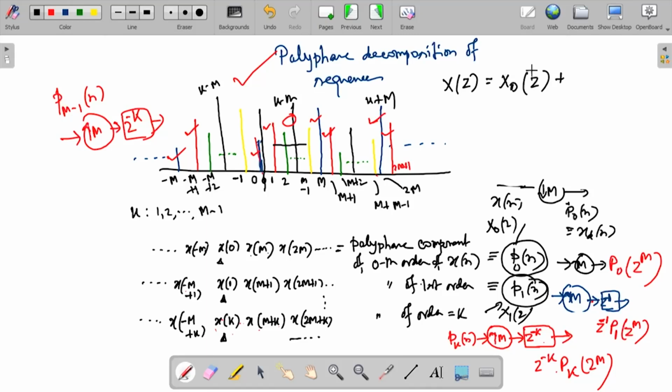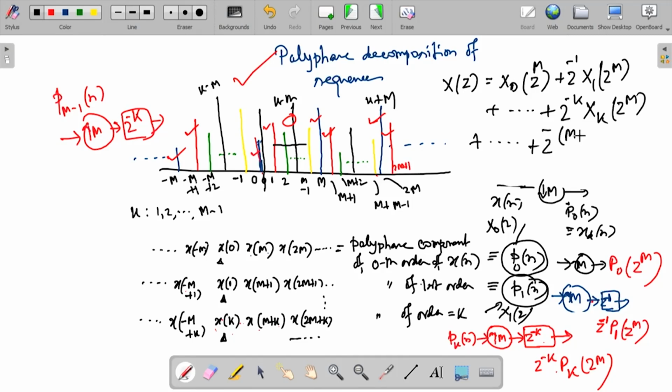So, this is x 0 Z to the power m from this one, then Z inverse x 1 from next one, dot dot dot, Z inverse k x k, this fellow, just capital P replaced by capital X, dot dot dot, lastly. Okay. This is called the polyphase decomposition of a given sequence x n.